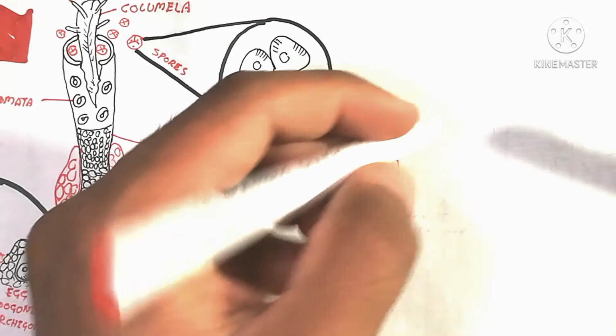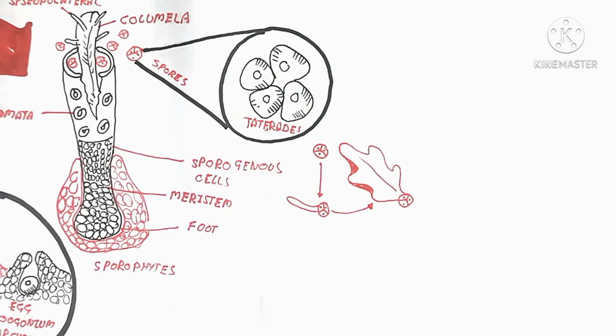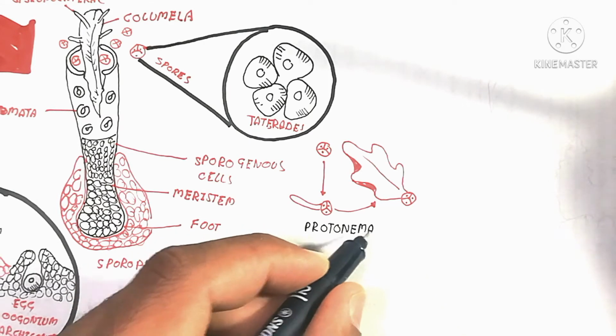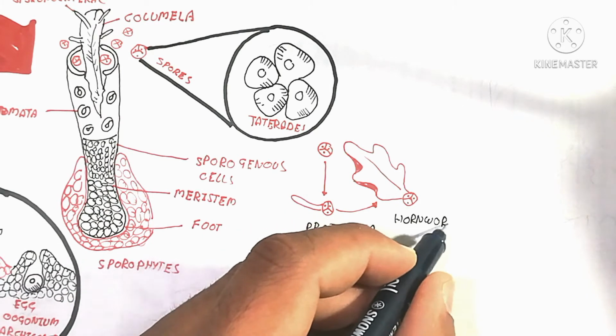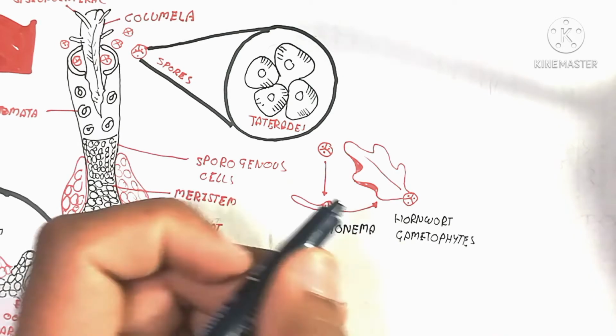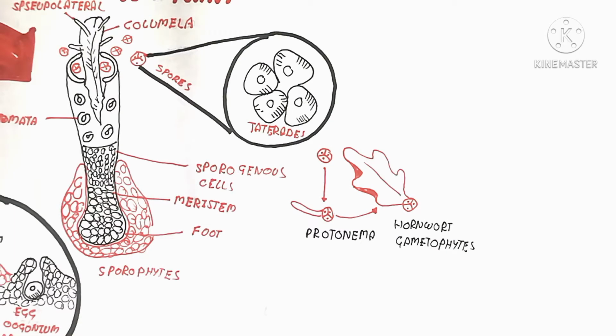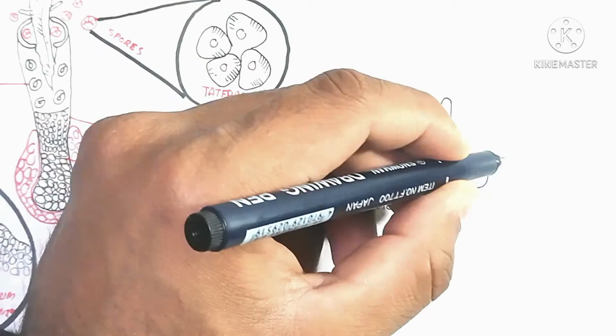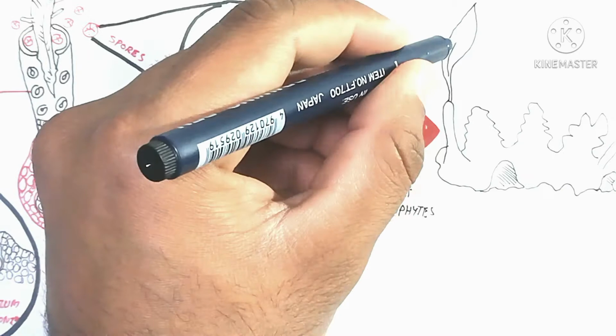Protonema will be produced, and this protonema becomes the hornwort gametophyte. This gametophyte again produces the thallus, so it is known as a thallophyte.